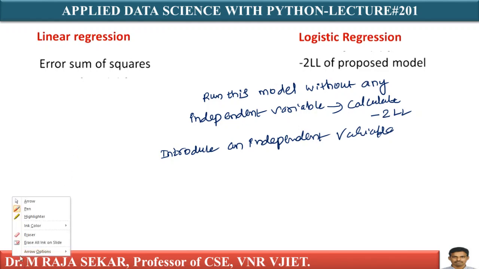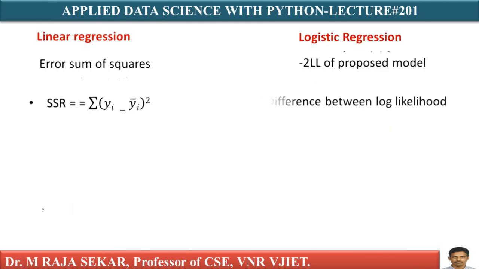Anyway, this simple result is useful in future classes. We will try to understand. Just see SSR. I already discussed SSR in my previous lecture. In the case of linear regression, it is yi minus y bar whole square. That is SSR. In the case of logistic regression, the corresponding one is the difference between log likelihoods.